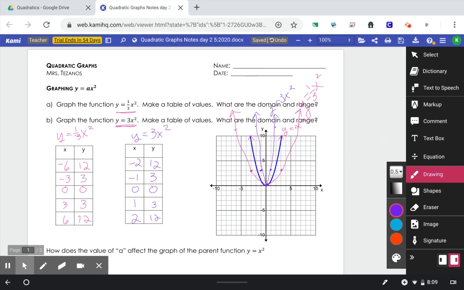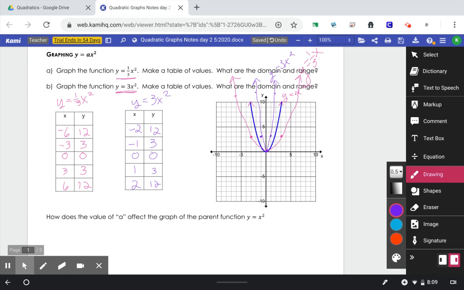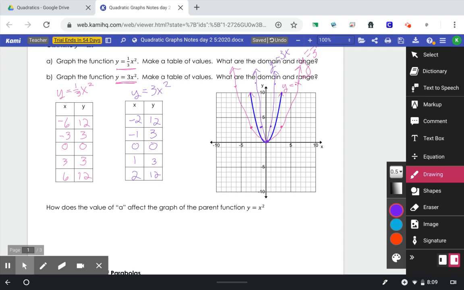All right, so now taking a look at what has happened. Remember, in blue is our parent function of x squared, and then we had the equation y equals 1/3 x squared, and then also in purple we had y equals 3x squared. So in this example, we're looking at how that a value affected the graph of the parent function.